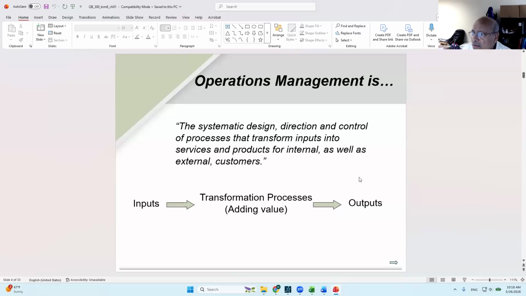Inputs are basically money. How do they get the input? Either directly from the customers' savings, or they are borrowing from other big banks like Goldman Sachs. So that is the input.